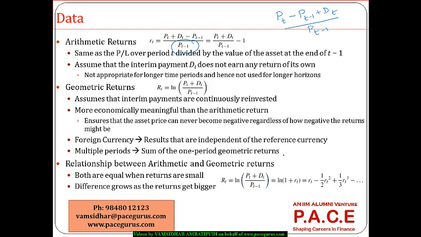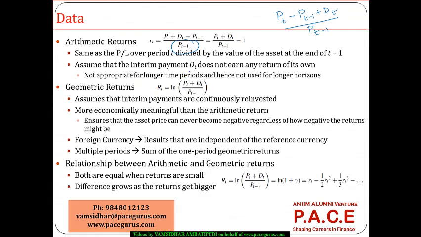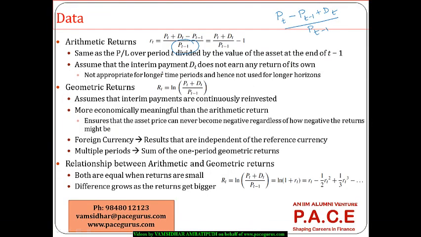Same as the P&L which we have computed, the profit or loss, the only thing is I have divided that value by the price at the end of the time t minus 1. And here, if you remember, if you look at this dt, we are assuming that the d will come at the end of the time period.